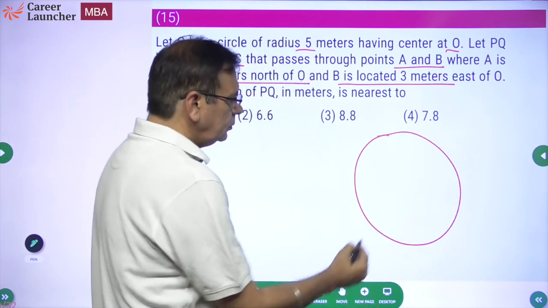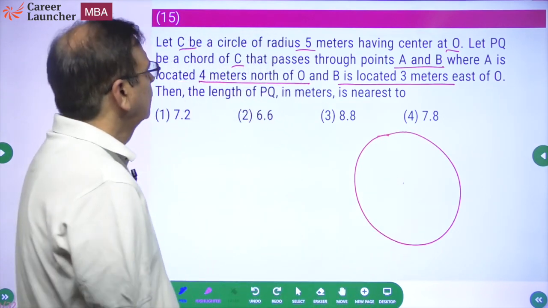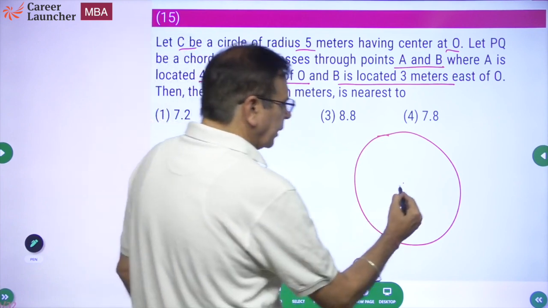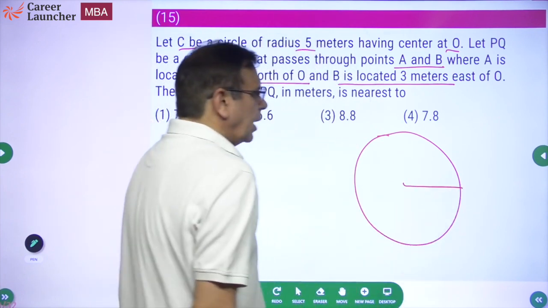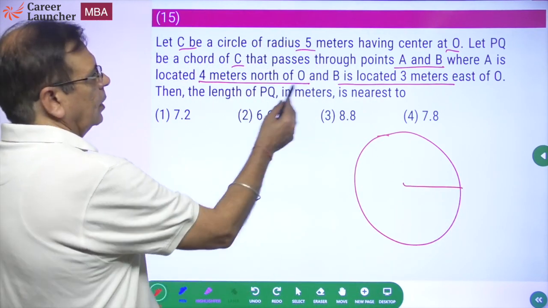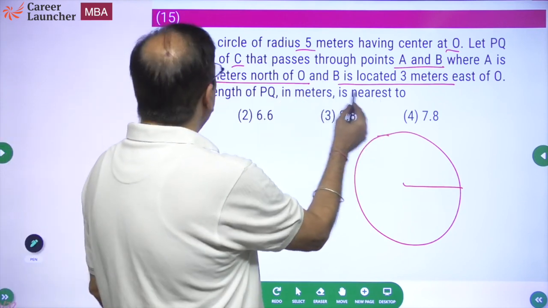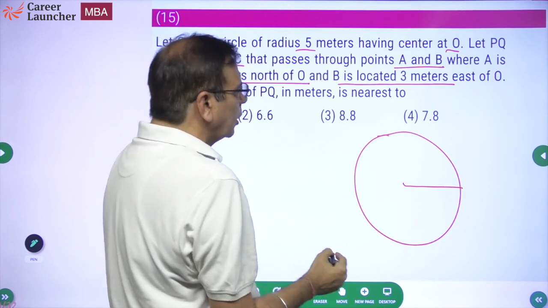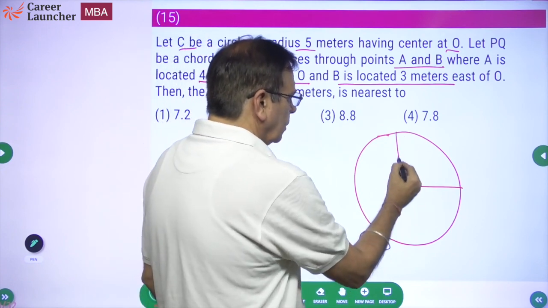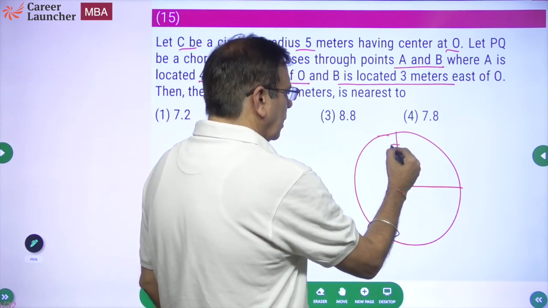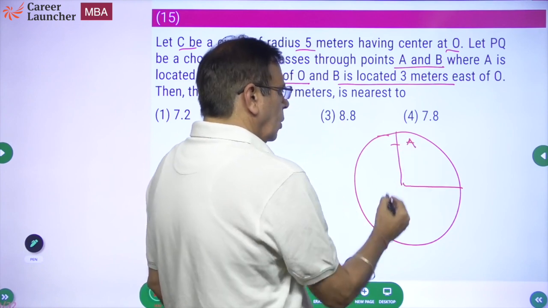Okay? Center of the circle. Okay? Of radius 5 meters. This is 5. Okay? What does it say? Let PQ be a chord of C that passes through points A and B, where A is located 4 meters to the north of O. This is A. This is 4.